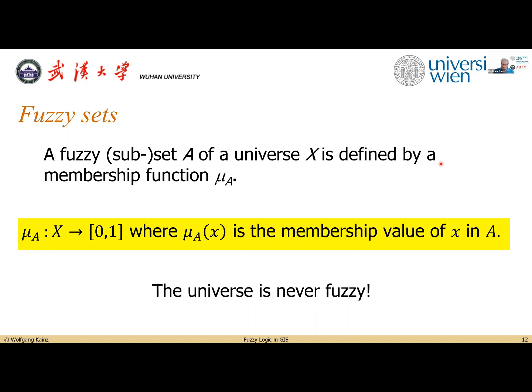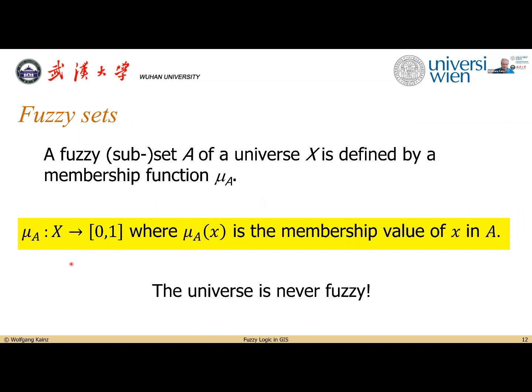Again, we have a universe or universe of discourse, X, and a fuzzy set A is a fuzzy subset of that universe and defined by a membership function mu of A.